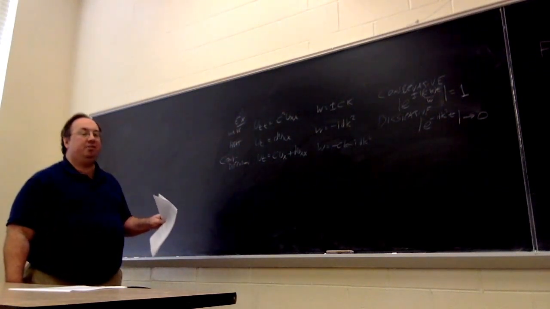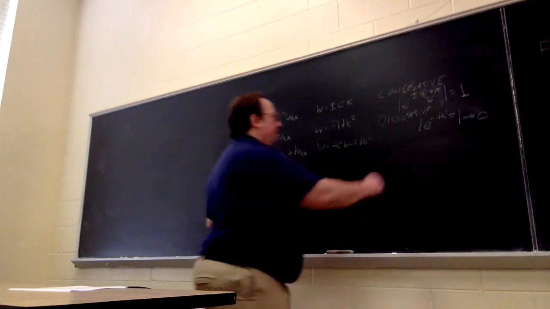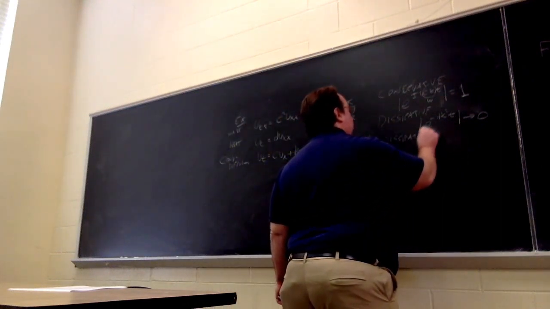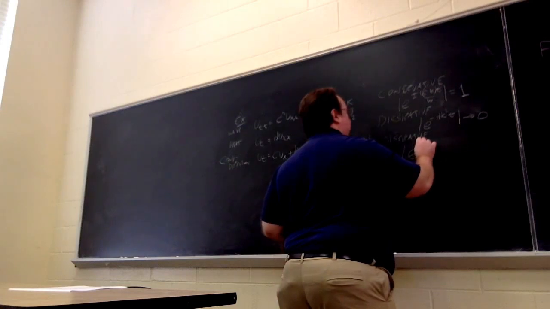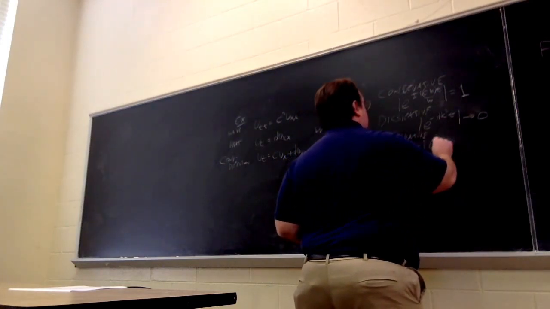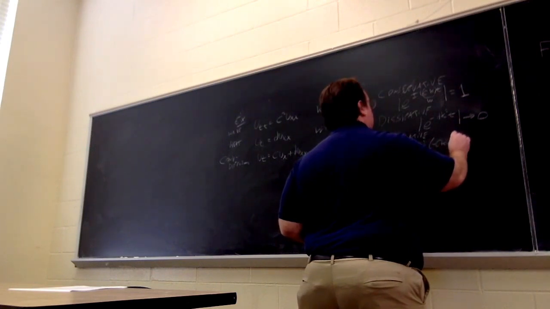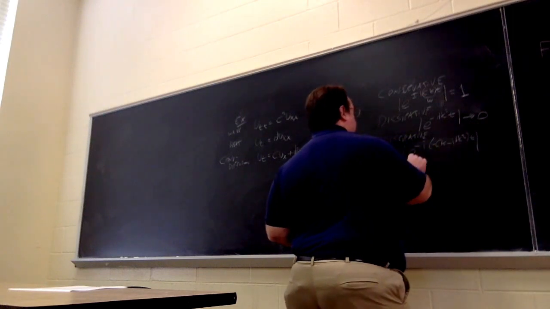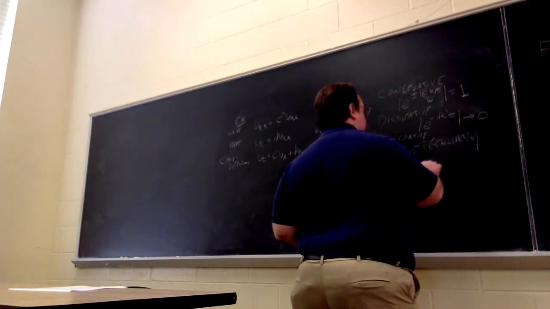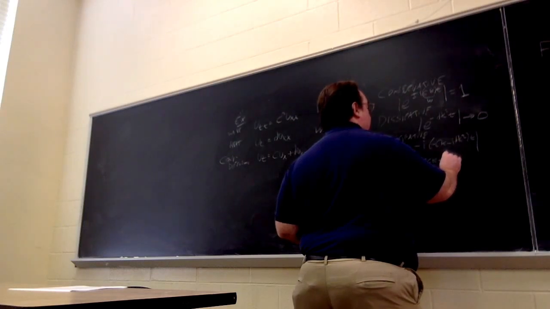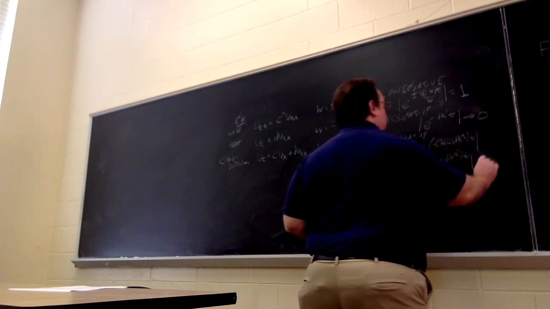That one turns out to also be dissipative, because of the magnitude of e to the minus i times minus c k minus i d k squared t, which is the same as e to the i c k minus d k squared t.